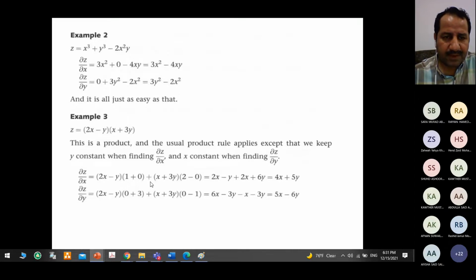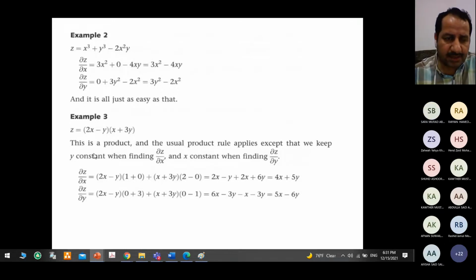Plus v, I keep it here, times u dash, which means differentiation of 2x minus y, which will be 2 minus 0. Very simple. And then simplify. This part, is it clear?